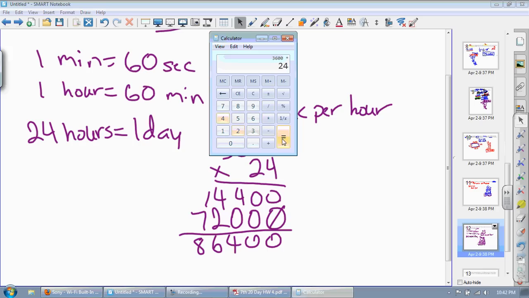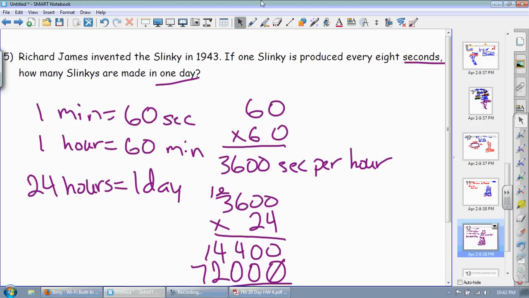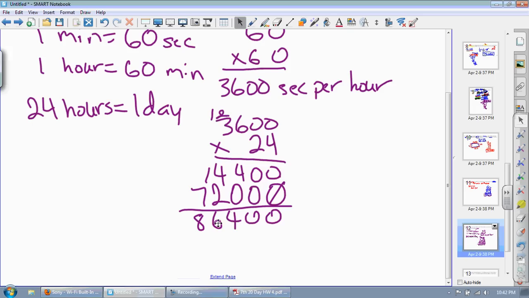And then it says 1 Slinky gets made every 8 seconds. So if we have this many seconds, if we're getting 1 Slinky every 8 seconds, we can just say what is 86,400 divided by 8. And this actually is not so bad, because 8 goes into 8 once. That's 8. Let's try to get 0. 8 can't go into 6, that's a 0.